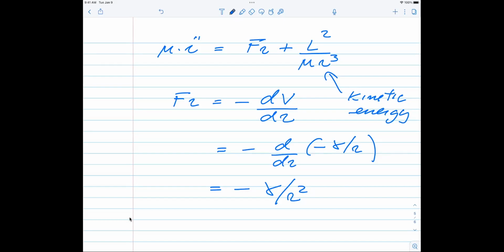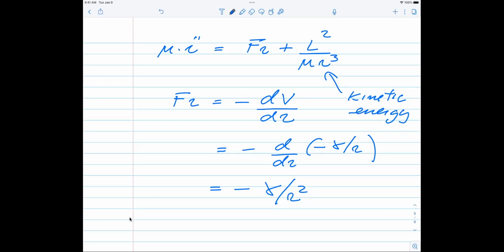Angular momentum, we showed, is a constant of the motion, so L squared is just a constant. Then we have a dependence on R cubed here, but no explicit XY dependence in the equations. So let's look at it and see if we can gain some deeper insights, because this is going to lead to a way to interpret the data and what kind of motion we can expect.